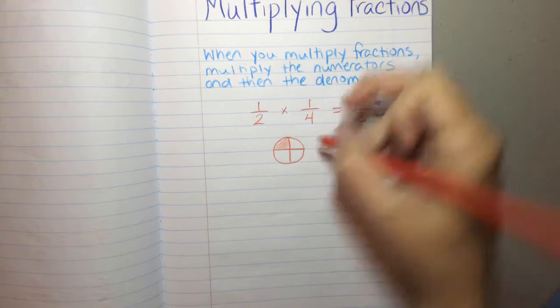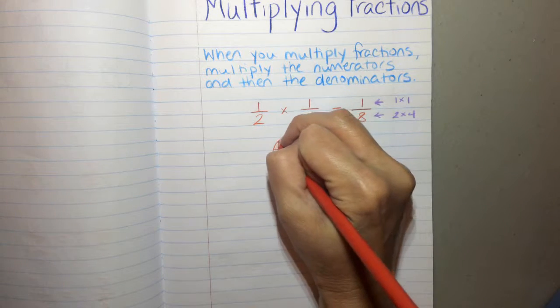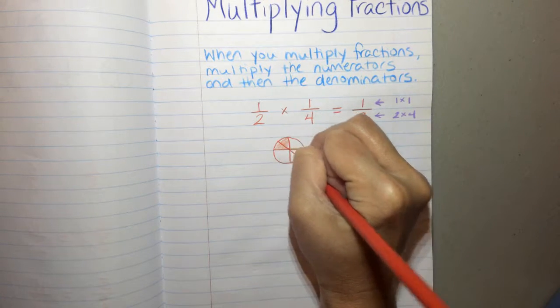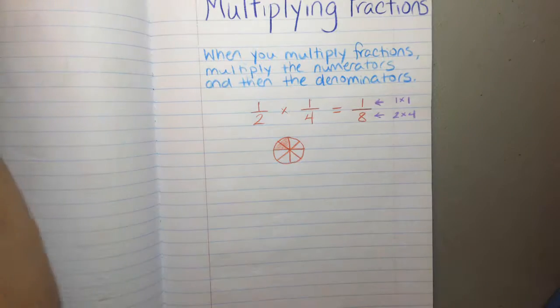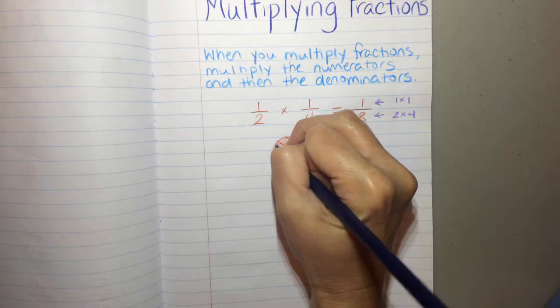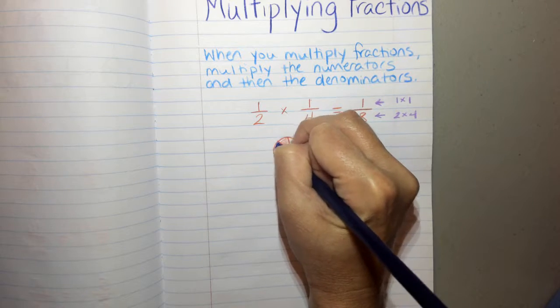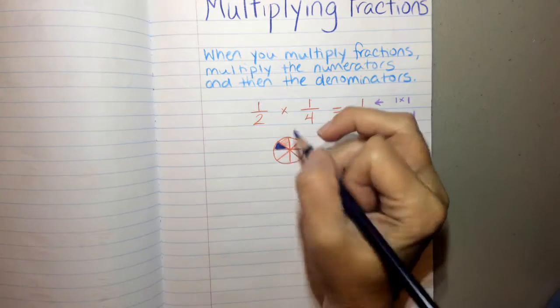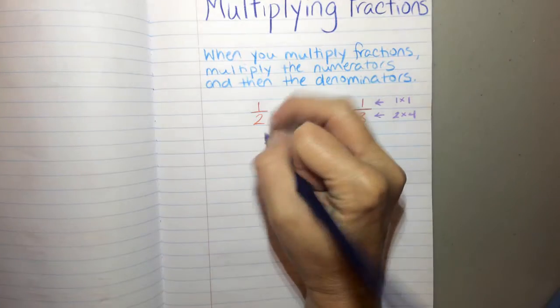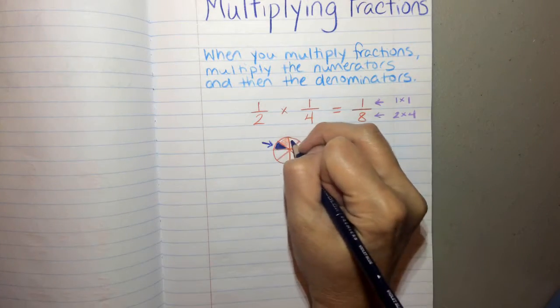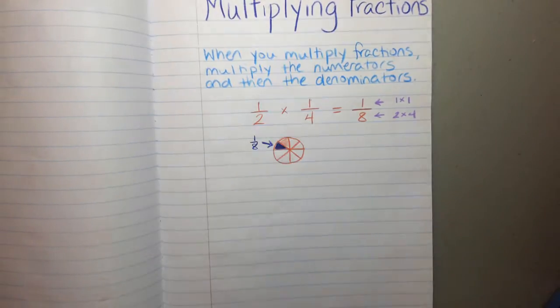Okay, so if I want half of a fourth, then all I want is 1/2 of that 1/4, and then how much is that right there? That is 1 out of 8. Okay, so just a little proof there for you that 1/2 times 1/4 really is 1/8.